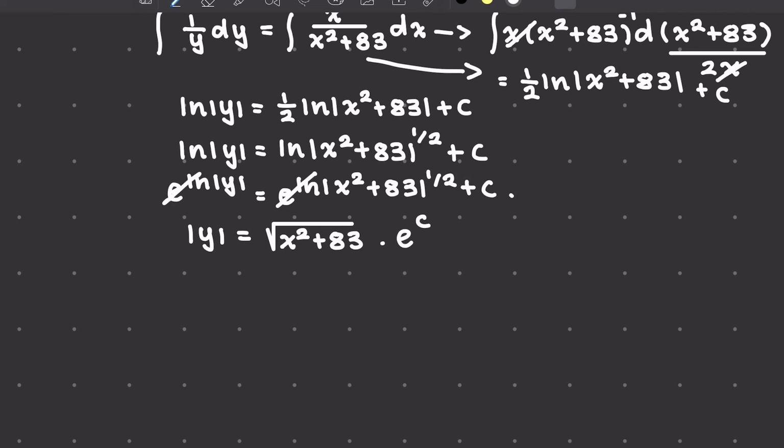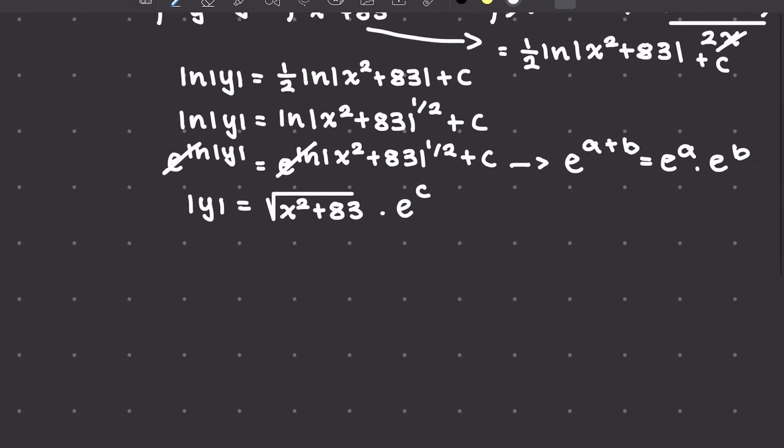Because we know from here that e to the a plus b is equal to e to the a times e to the b. I think you all got that from your pre-calculus.